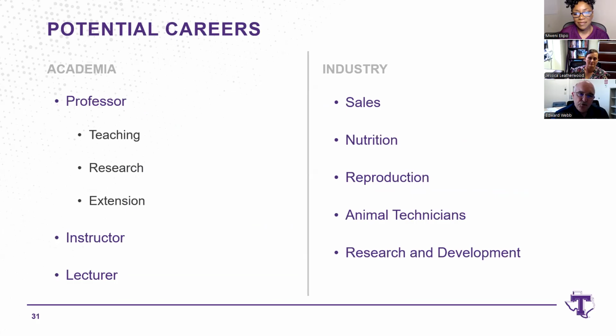So from an academia point of view, it could be at the professorial level, teaching, research and extension, and combining those outputs in ways that suit you. It could be an instructor or it could be a lecturer. Usually incoming staff climb and go through the ranks and develop their skills.